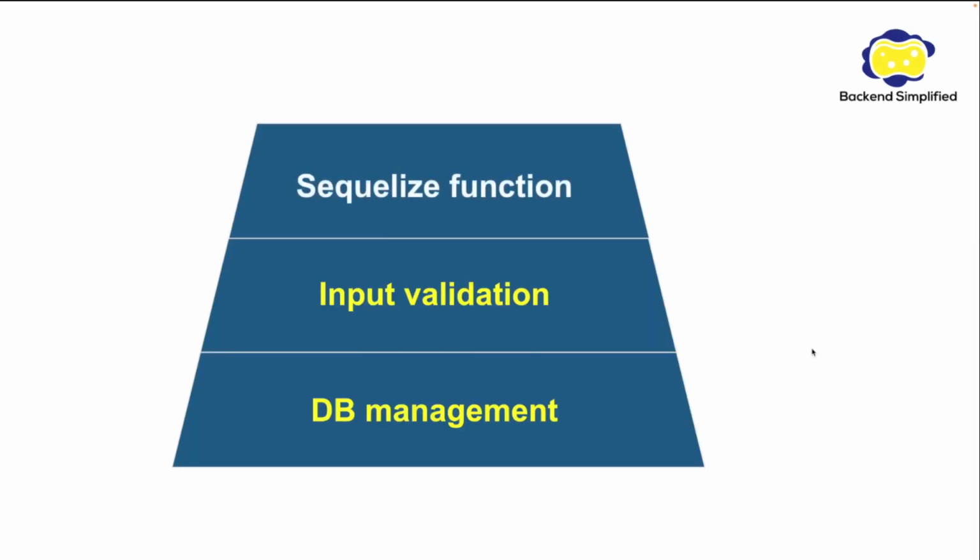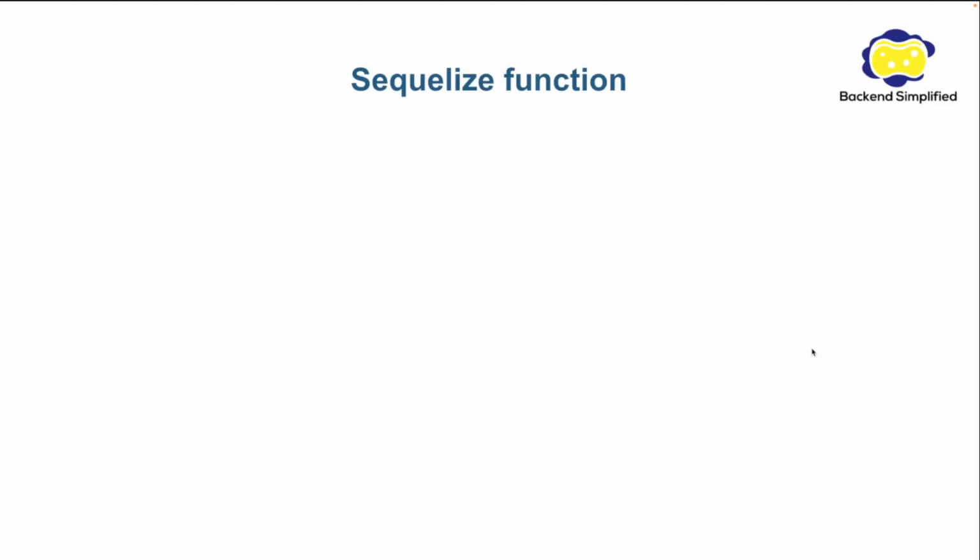Our last layer is the Sequelize function. In general, we recommend that you use only the basic functions of Sequelize. Functions like find one, find all, update, delete, and so on. The probability that you will have any security vulnerabilities in these functions is very low, so if you can keep using only the basic stuff, just use them.